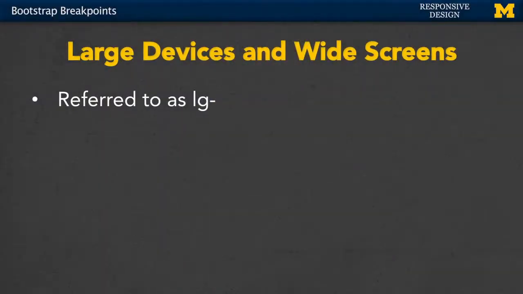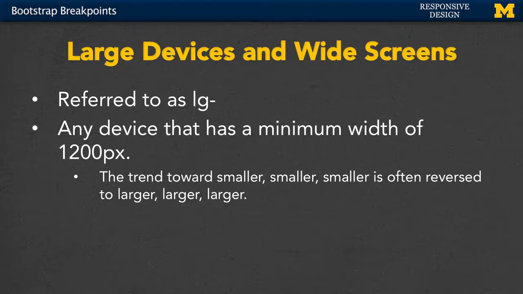Finally, the last viewport is referred to as LG, and this is for large devices and wide screens. Anything that is at least 1200 pixels is going to be picked up by the large breakpoint. Now, I know that often the trend is towards smaller and smaller when it comes to technology. But often this is reversed, and you can see people going for larger and larger, particularly when you think of TV screen sizes. So it's important to remember you want to code for everybody, the extra small, the large, and everything in between.